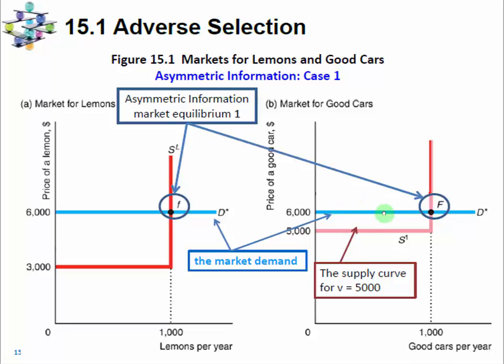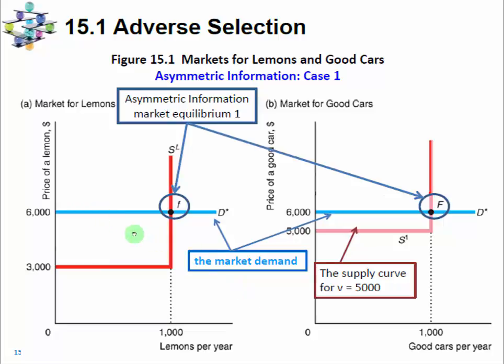So the sellers of good used cars suffer from this information asymmetry. However, because for a buyer there's another 50% chance to buy a good used car, they are willing to pay more than the $4,000 willingness to pay on the lemon. So that actually increased the price received by the lemon sellers.